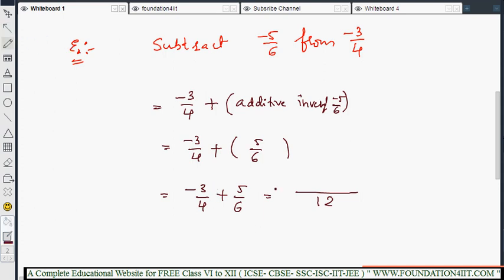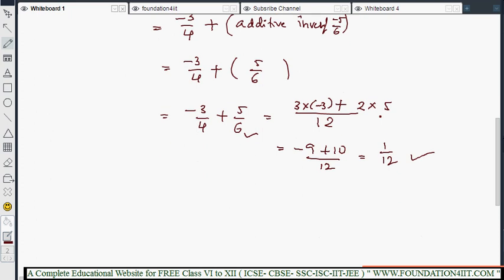That is 3 into minus 3, plus next, in the 6 table 12 is 2 times, so 2 into 5. So minus 9 plus 10 by 12. Minus 9 plus 10 is 1 by 12. So 1 by 12 is the answer. This is the way we can do subtractions.